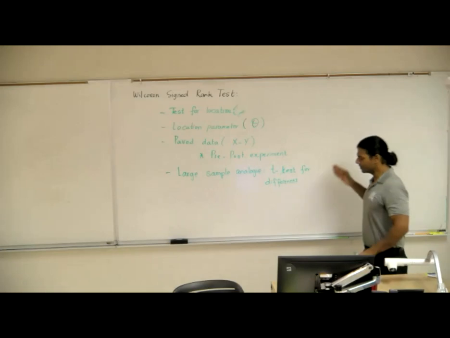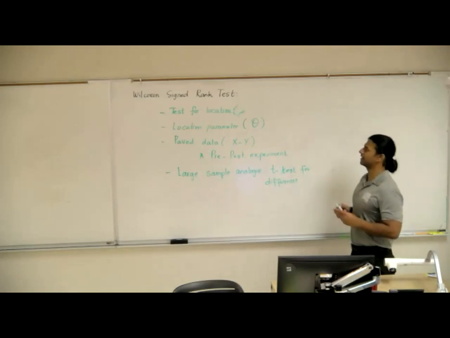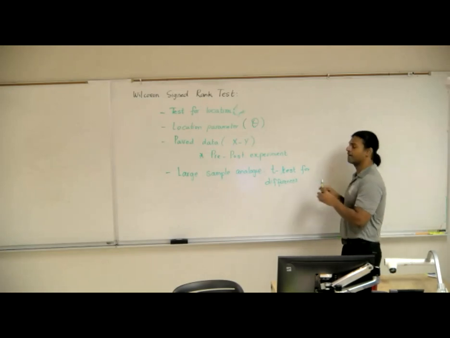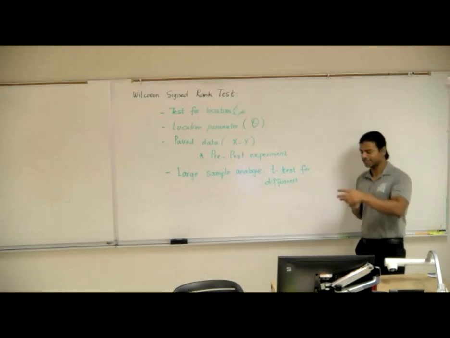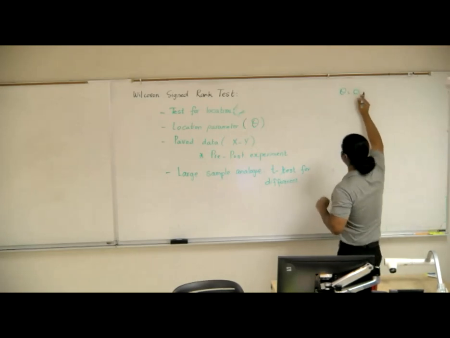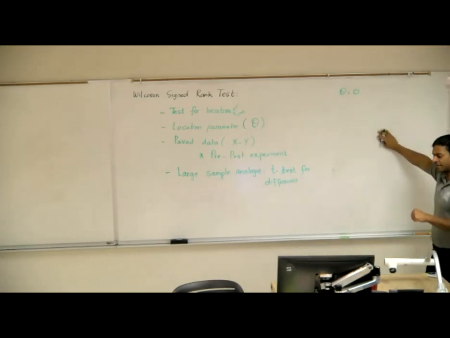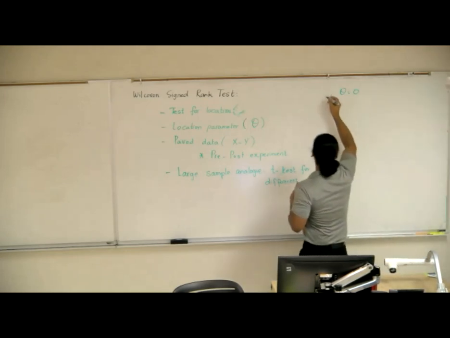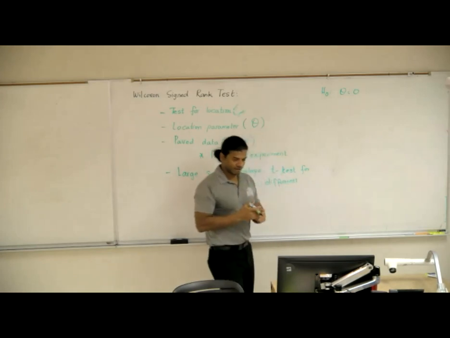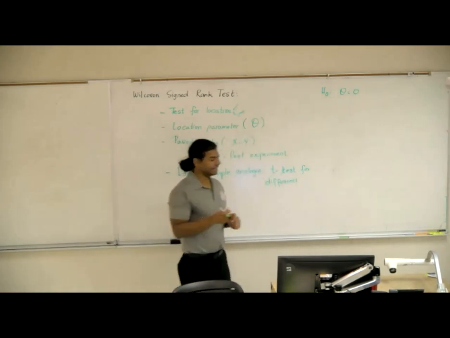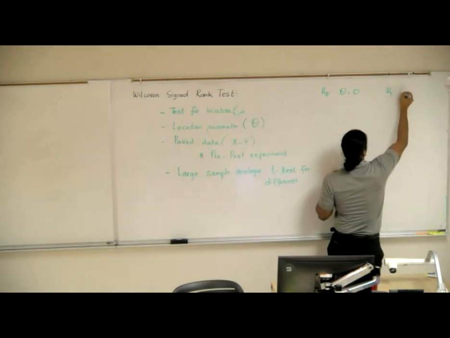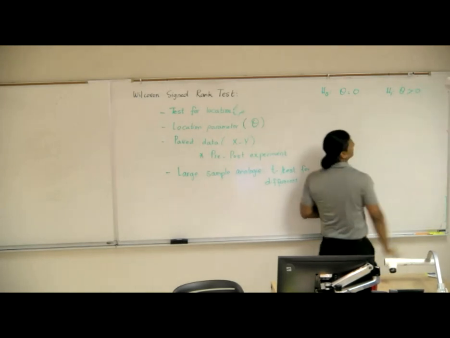So what is a Wilcoxon signed-rank test? Well, it wants to test the location parameter, which is the center, to be equal to 0. In other words, the null is the location parameter is 0 against the alternative that the location parameter is greater than 0.